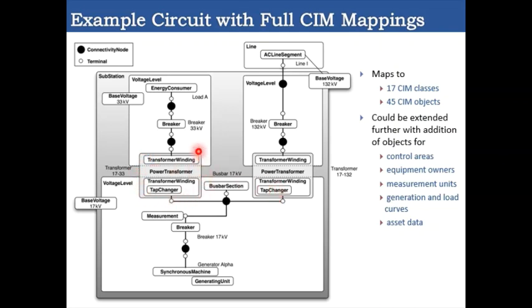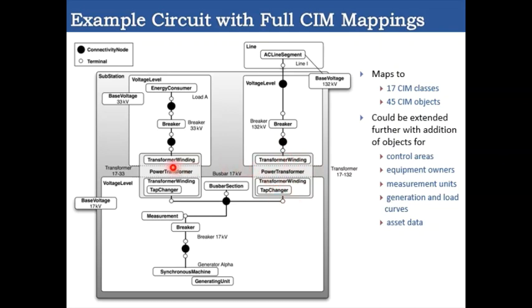So one will be the power transformer, that is the container class, and inside that you need transformer windings. So you need two objects of transformer winding, in which one transformer winding is connected to tap changer. The same will be here.